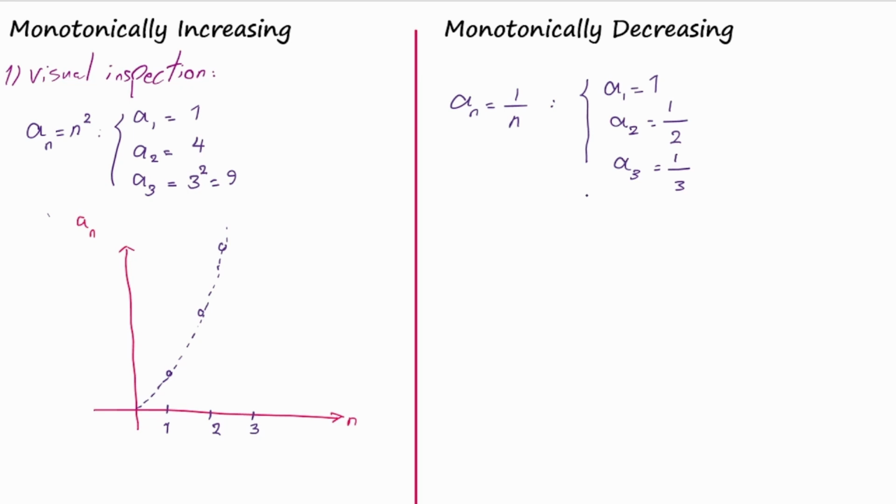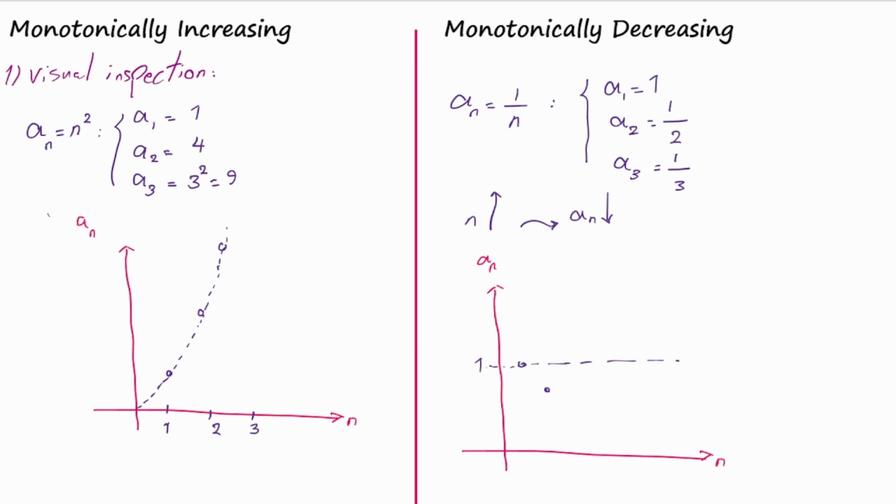So we can see that as n increases, the terms of the sequence decrease. If we plot the sequence on a plane, we can see that as n grows, the terms of the sequence gradually approach zero.